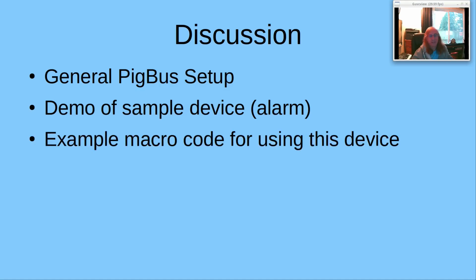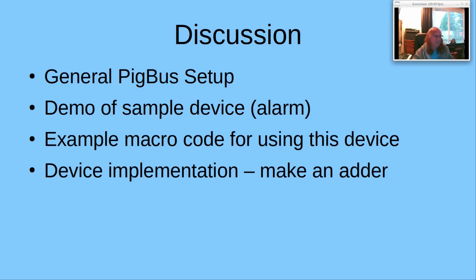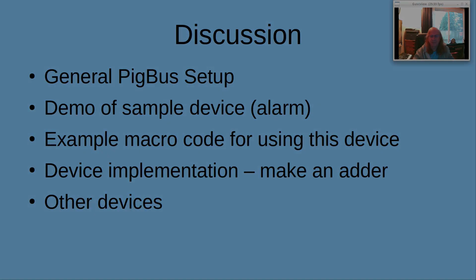And then we'll look at the macro code for that sample program and see how we interact with devices through mostly just a pair of registers, a command status register and a data register. And then we'll wire up a new device on our own to make just a simple adding machine program. And then take a quick look at some other devices.